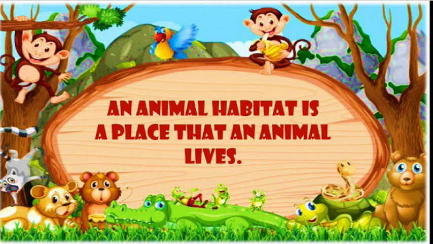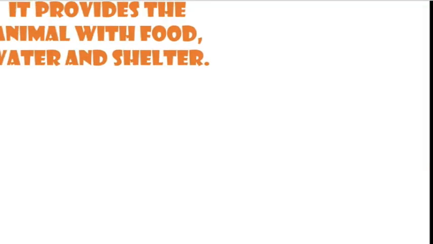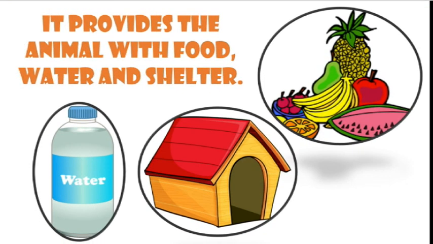A place where an animal lives or stays is known as, yes, an animal habitat. It provides the animal with food, water, and shelter. That means the habitat of an animal provides the animal with food, water and shelter.